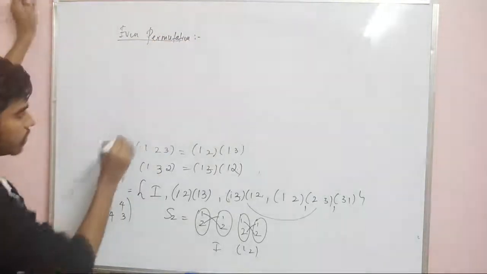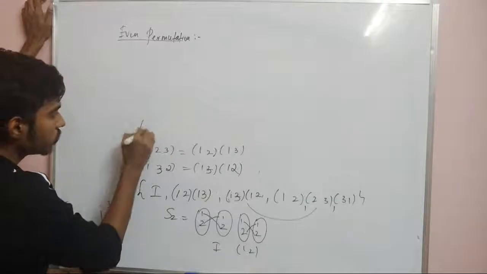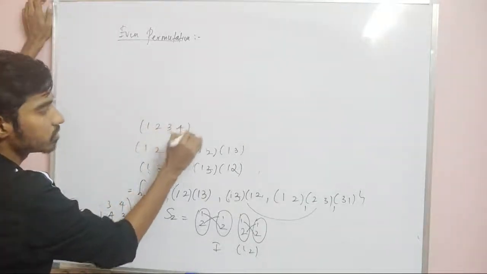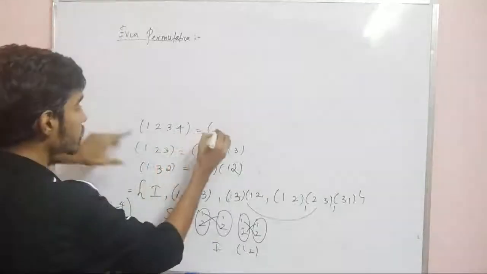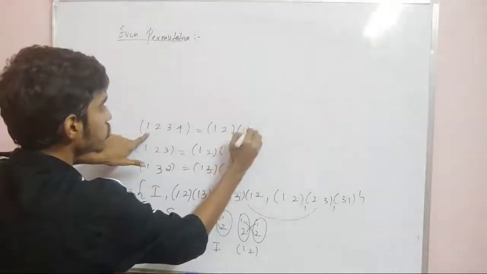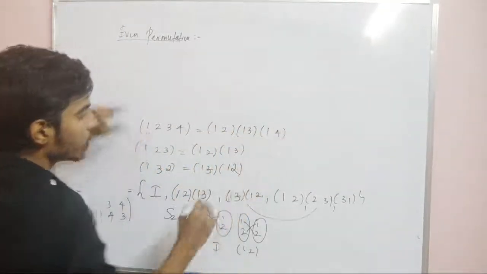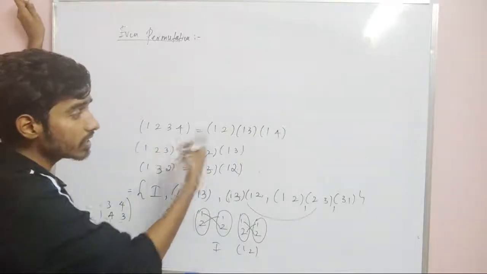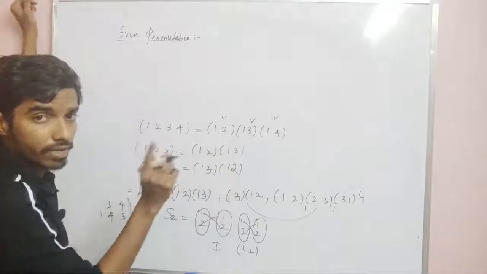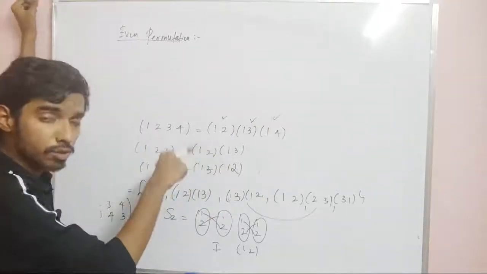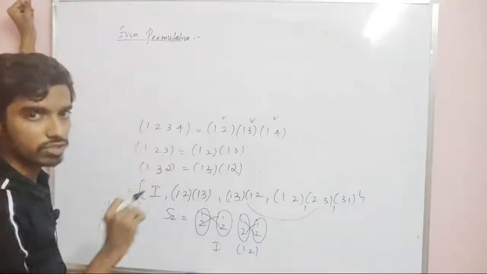In S4 we will have some elements like this. I can represent this cycle as a product of transpositions (1 2)(1 3)(1 4). Now we can see how many transpositions there are: I have expressed this cycle as a product of 3 transpositions.